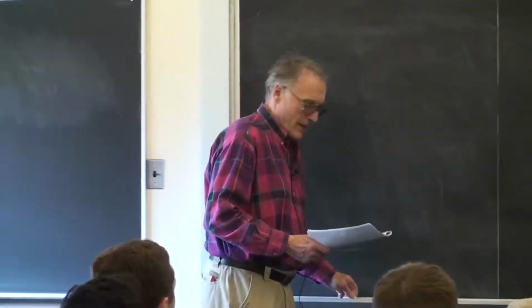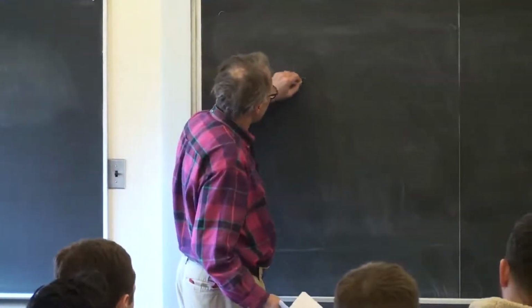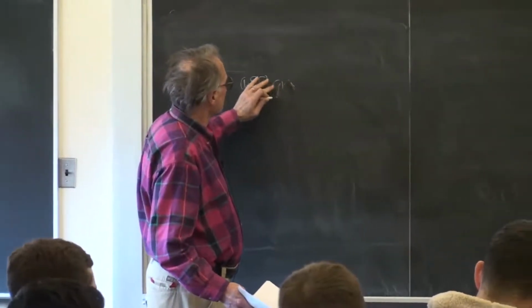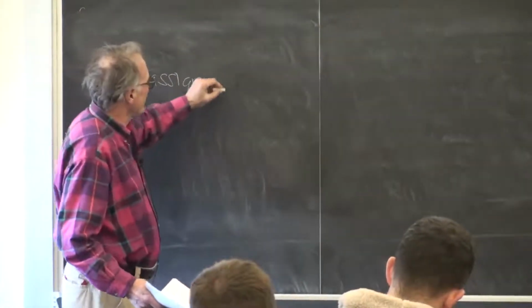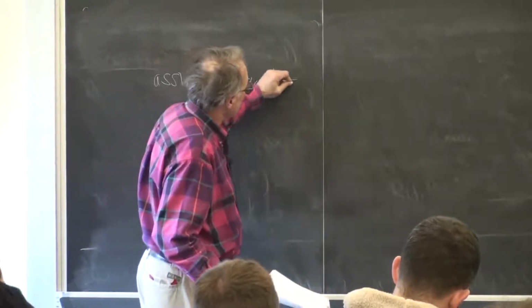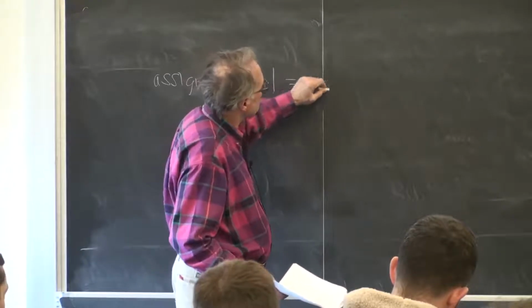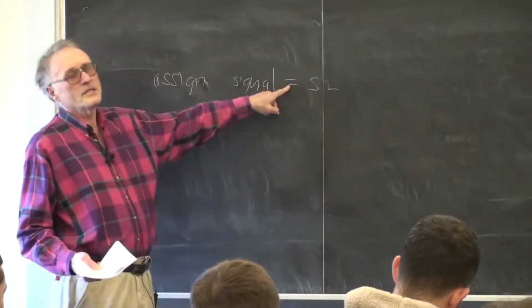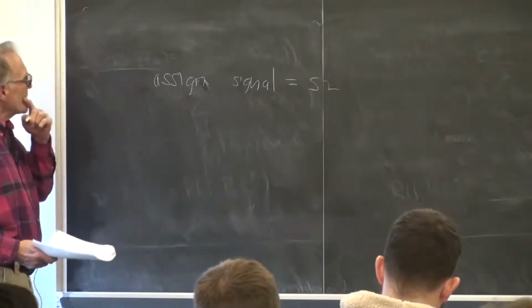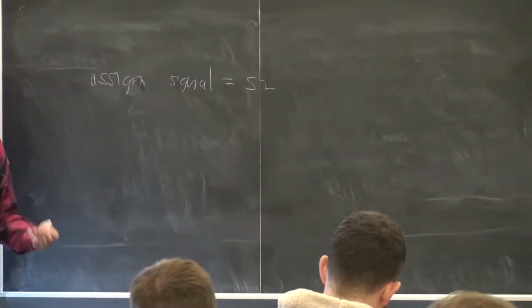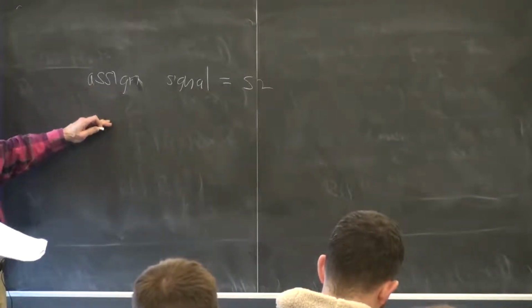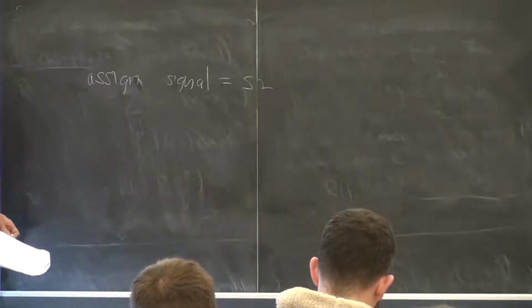So a blocking assign in Verilog might be some signal equals some other signal, where the simple equal sign means blocking. And this really doesn't mean much in an assign statement, because every assign statement, of course, happens in parallel with every other assign statement.